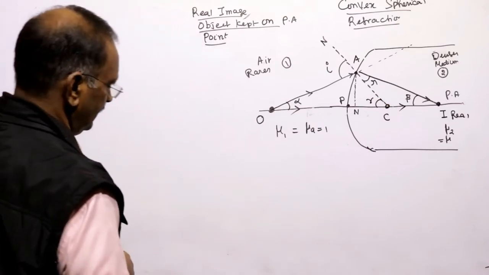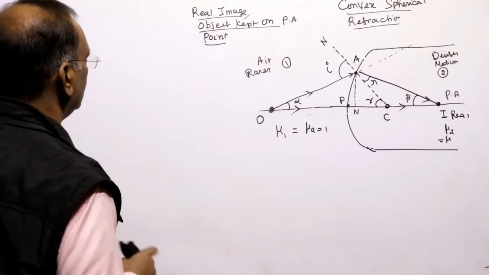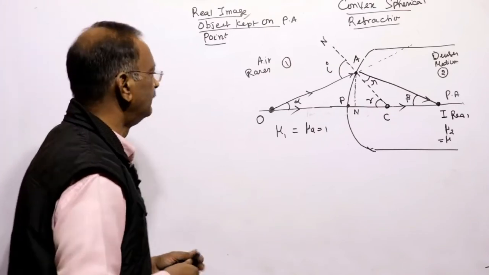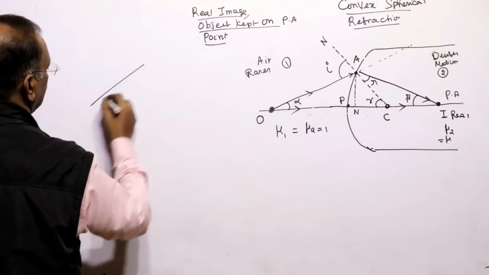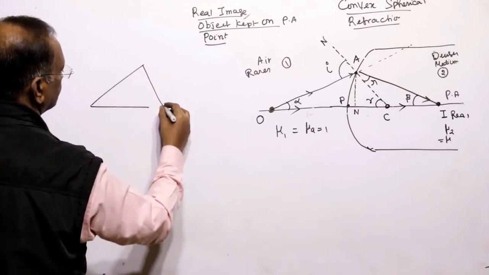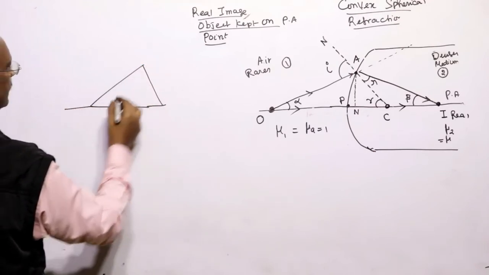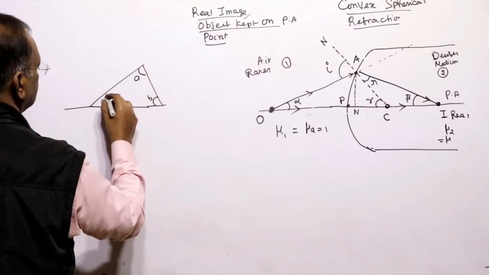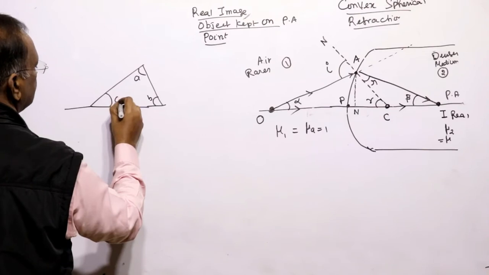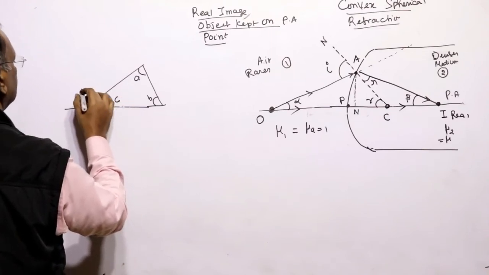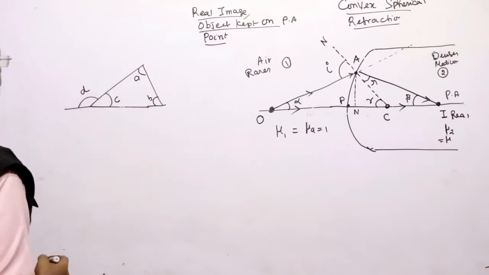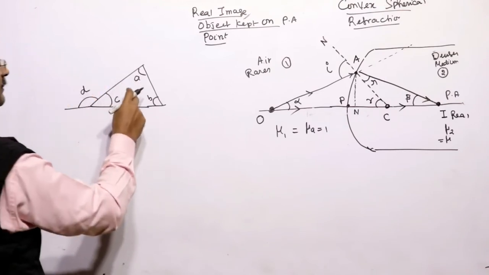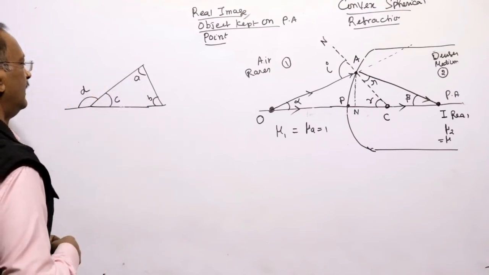Now with this we have to find out alpha, beta, gamma. Now we have studied already in mathematics, if there is a triangle like this, and we have angle A, angle B, this is angle C, and this is angle D. Angle D is external to this triangle, angles A, B, C are internal to this triangle.